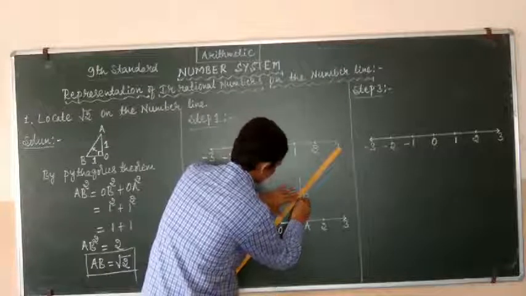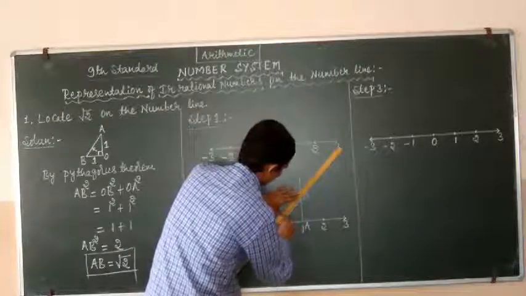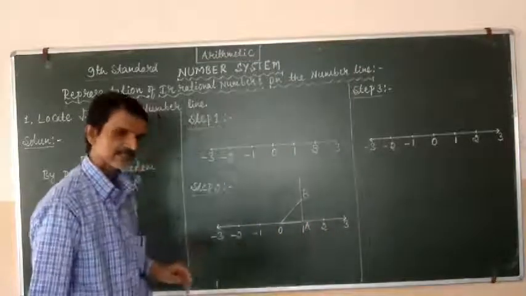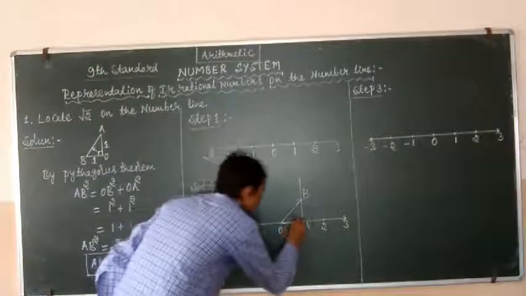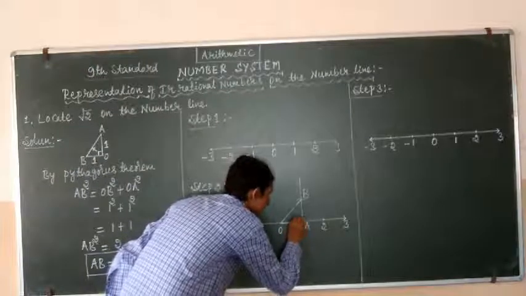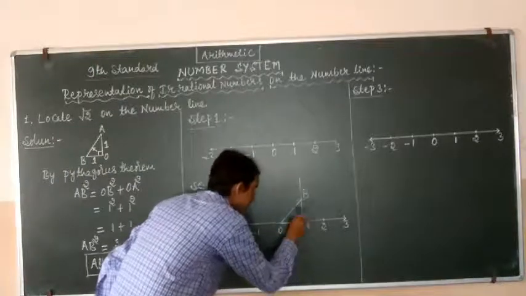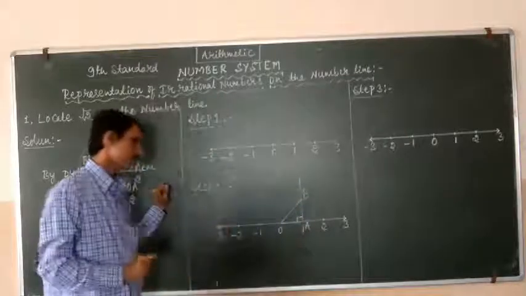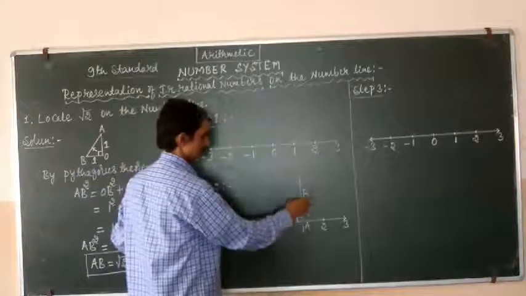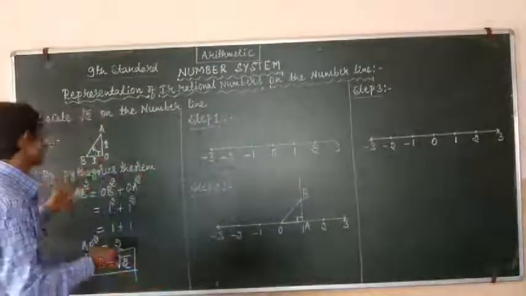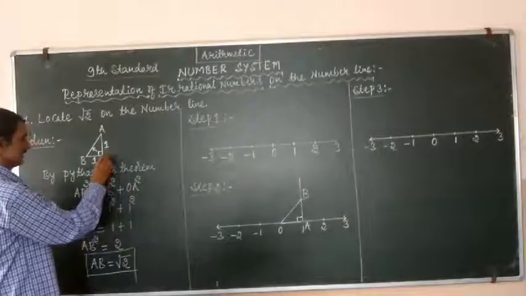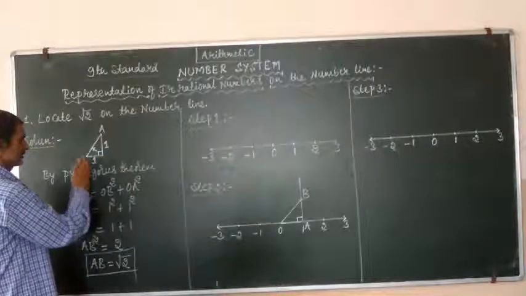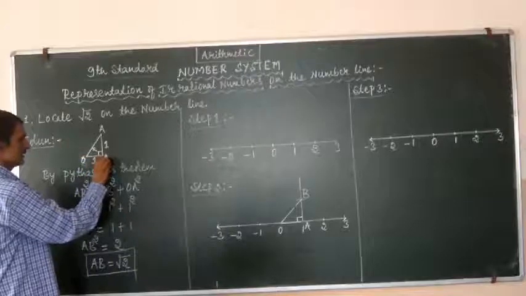Now join OB. We will get a right angled triangle OAB. In this figure also we can change the name, so it becomes OAB.